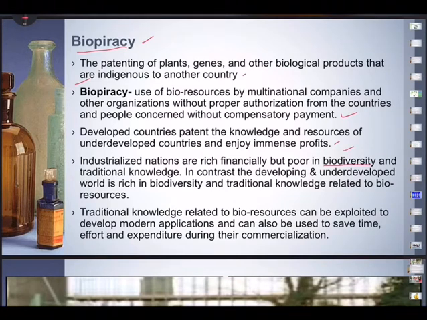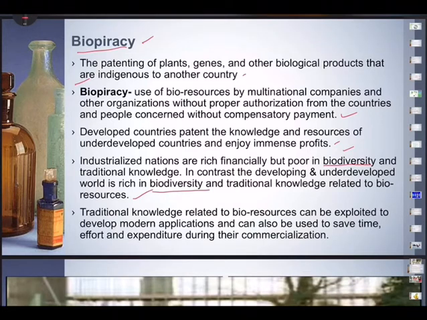Industrialized nations are rich financially but very poor in biodiversity. All of us know that, being biology students. And traditional knowledge, of course, is almost zero. In contrast, the developing countries and underdeveloped countries are very rich in biodiversity and traditional knowledge related to bioresources.